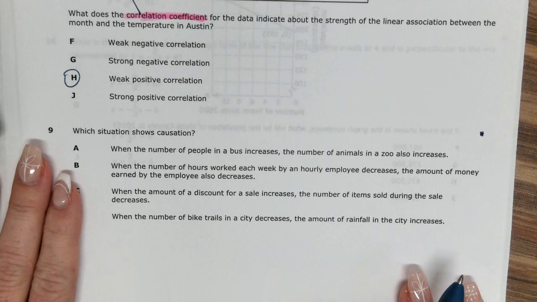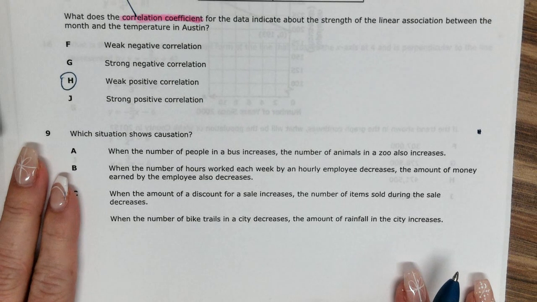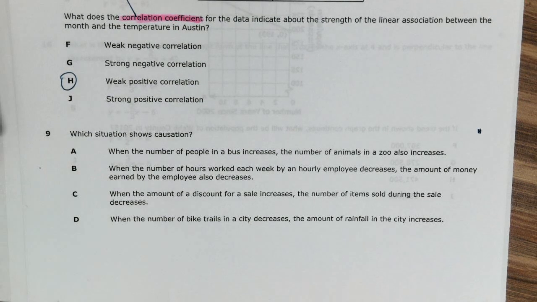There is one question on the test tomorrow about causation. So let's talk about causation. Causation means it will cause it to happen. If I do X, this will happen. Make sense? No matter what. It's not a correlation. A correlation means it probably will happen. It's related.